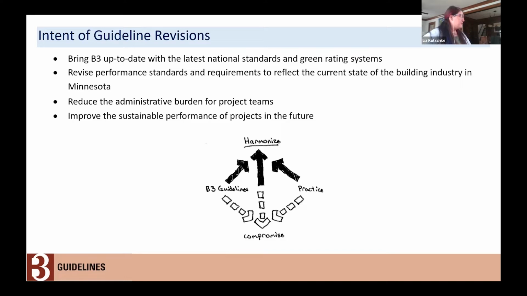We want to keep up with that. And we're also always looking to reduce administrative burden for project teams and improve performance. Both of those things were a focus of this little update section to the lighting and daylighting guideline.